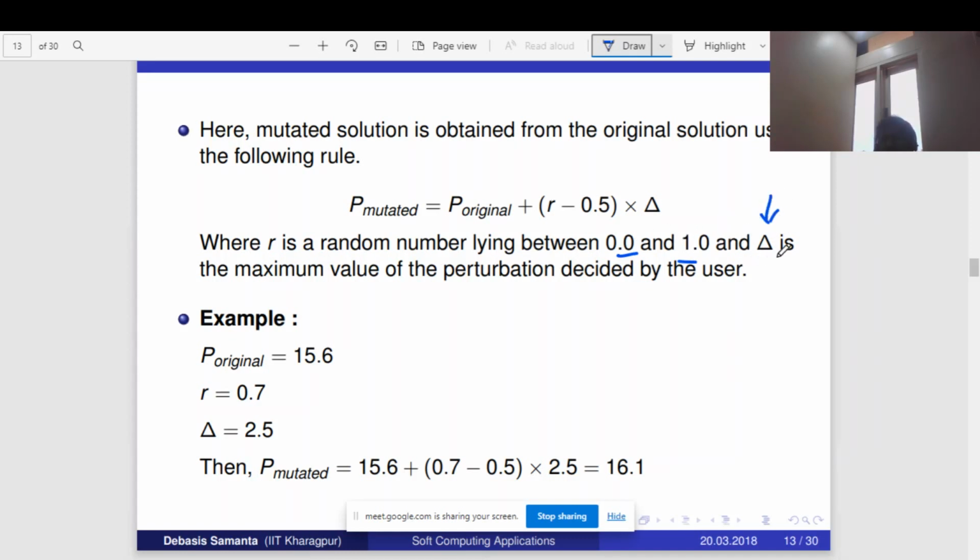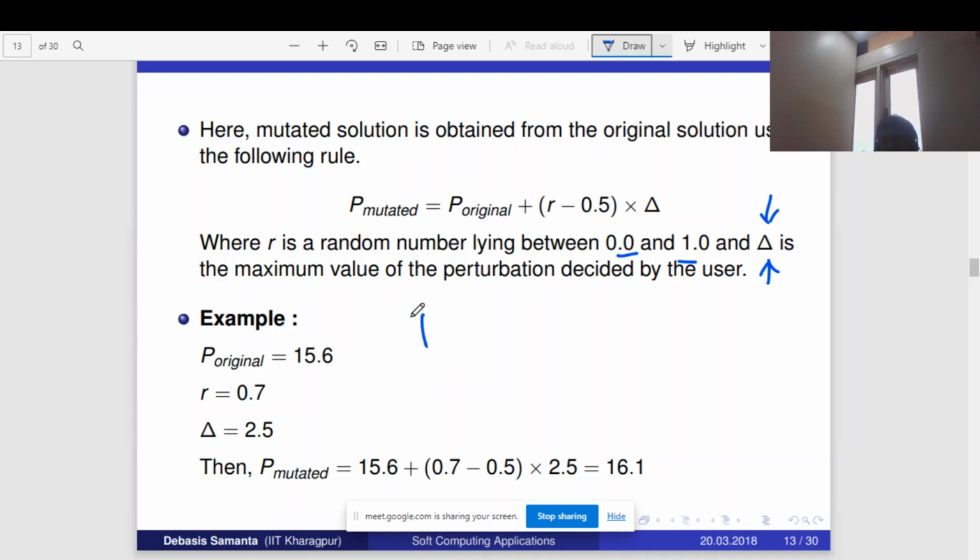Again, it depends on the experience and knowledge of the user. So what is this delta? The delta represents the upper bound, which means the value will not go beyond that. Please try to understand clearly.